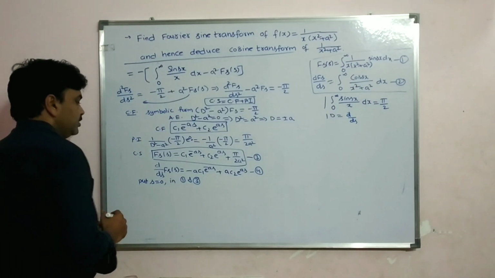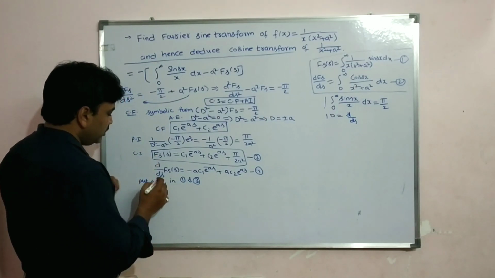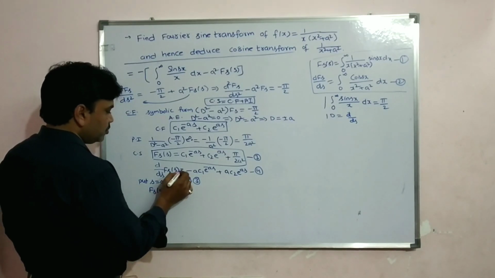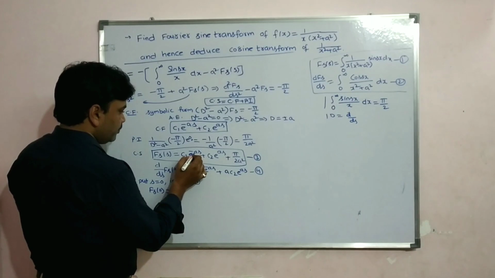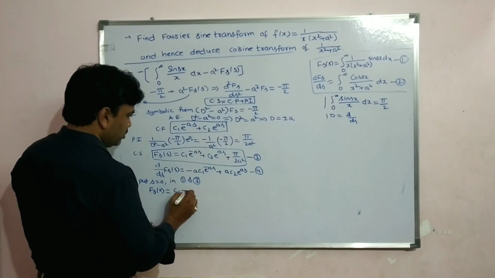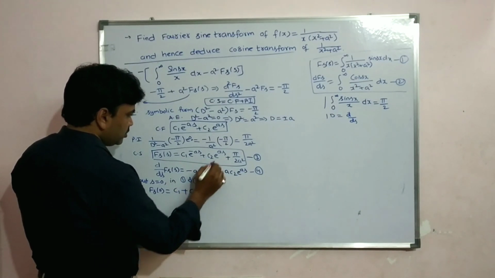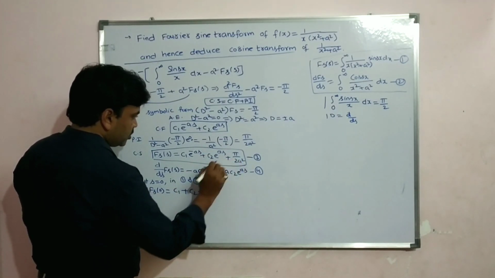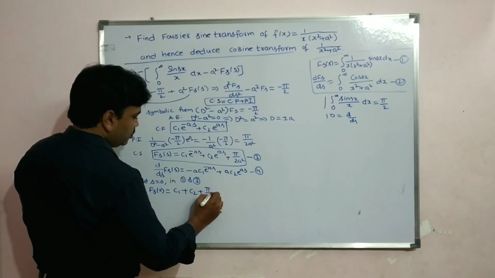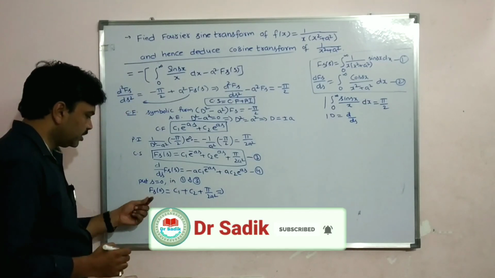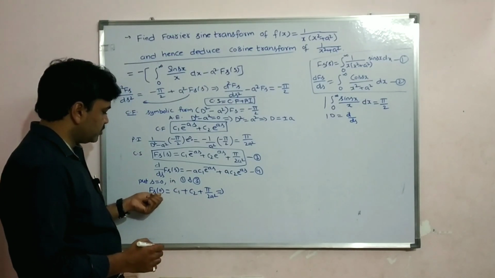So Fs(0), substitute s = 0 here: c1 e^0 is 1, so c1 + c2 e^0 means 1, plus there is no x term, so π/2a², that implies Fs(0) value is 0.